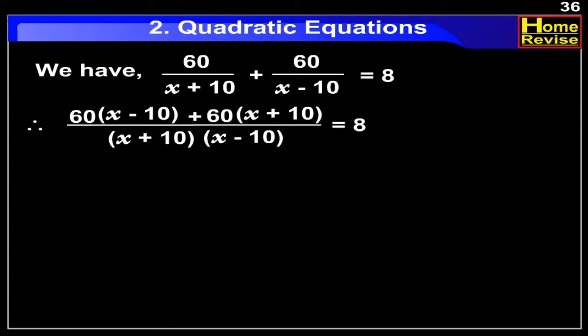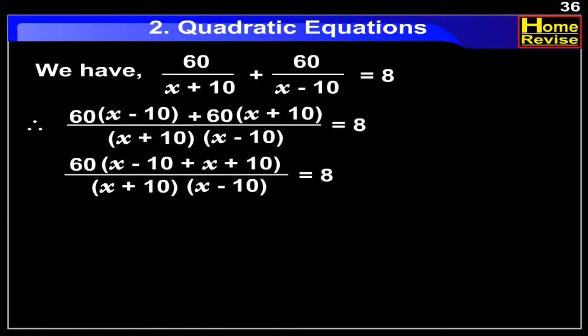Taking out 60 common, we get 60 in bracket x minus 10 plus x plus 10 divided by x plus 10 into x minus 10 is equal to 8. Here, in the numerator, minus 10 and plus 10 gets cancelled out. Therefore, we have 60 into 2x divided by x square minus 100 is equal to 8.